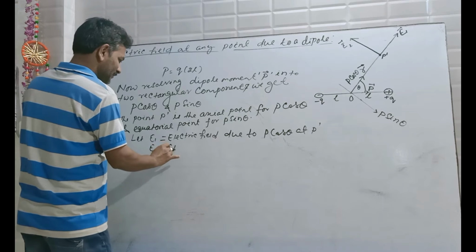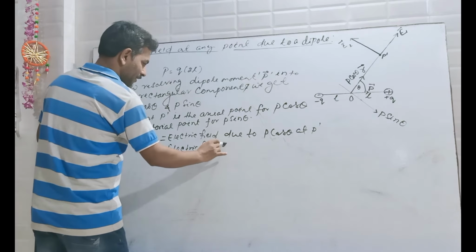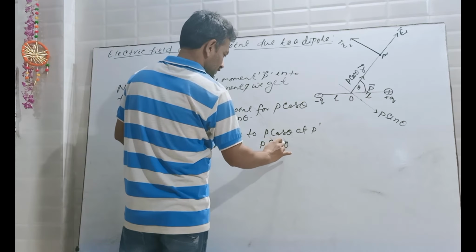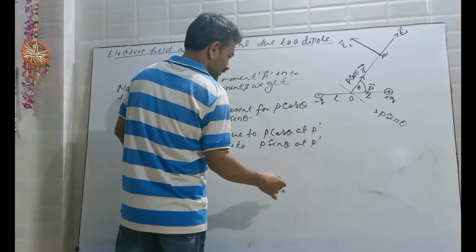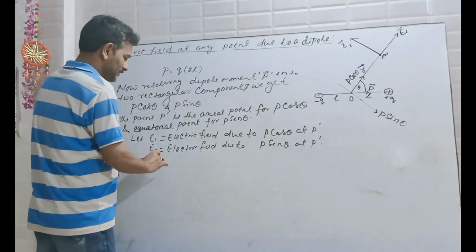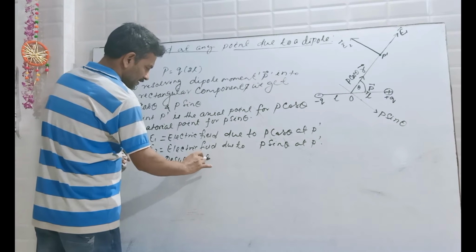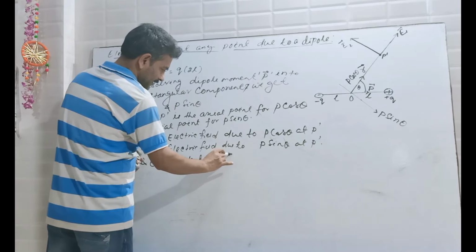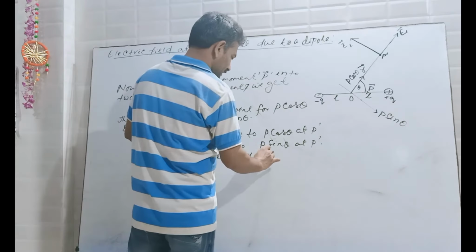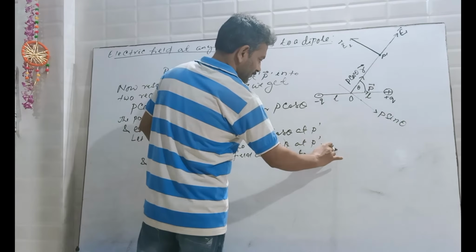E2 is the electric field due to P sin theta at the same point P dash, and let E be the resultant electric field at P dash due to the dipole.